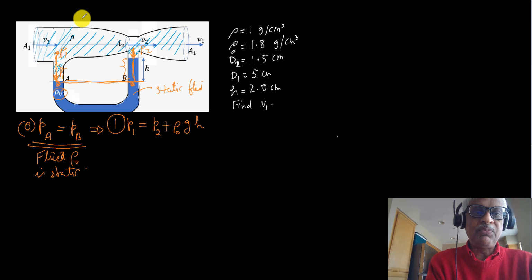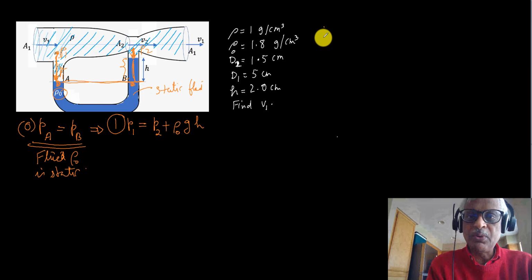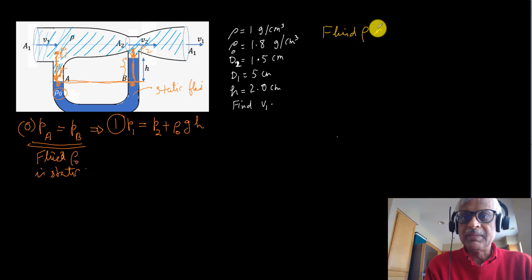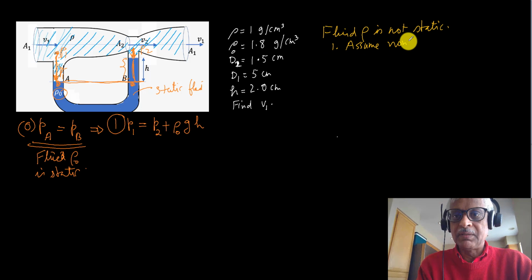Now the second fluid rho is actually not static, it's flowing. So fluid rho is not static. So here I'm going to assume non-viscous, and I'm going to assume incompressible.